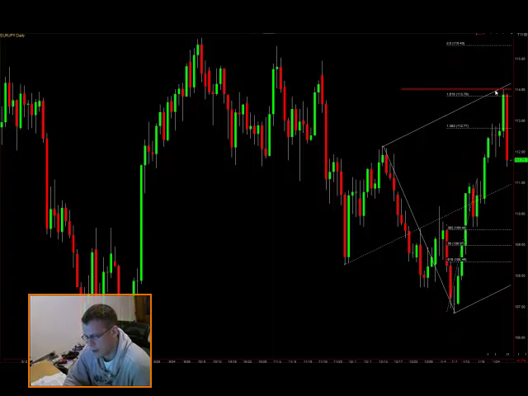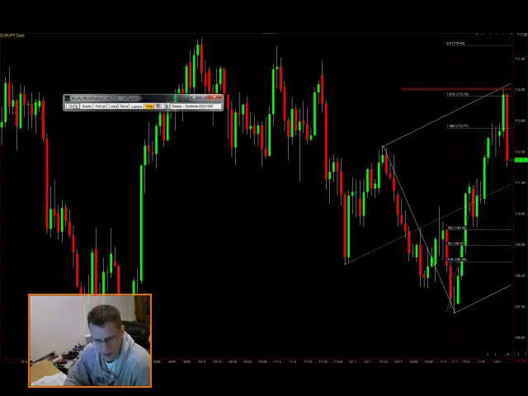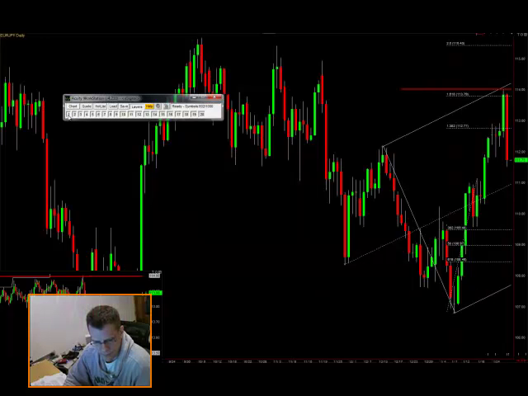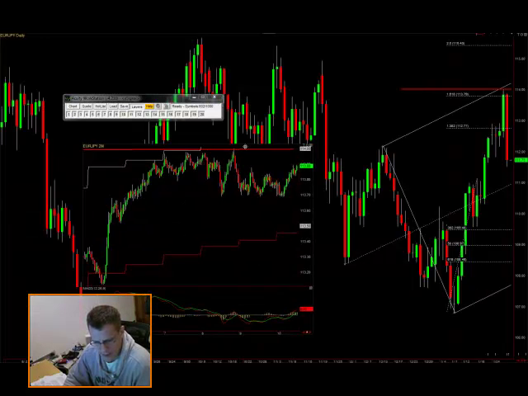So this was definitely an area that we were looking to. We would look to see potential levels for resistance. Okay, now that leads us to our next level, and that is here.